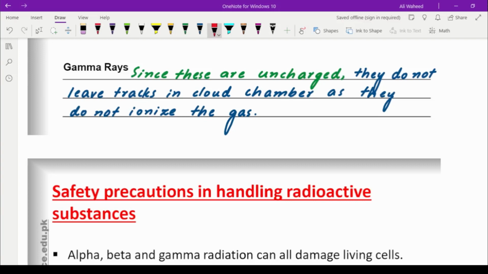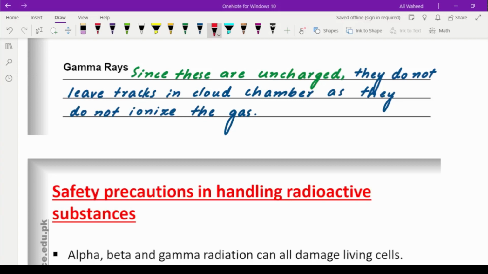However, they can produce some secondary effects, for example photoelectric interactions and also Compton scattering. But these are processes that we study in higher level physics. So at this stage, what we say is gamma rays do not leave any track.